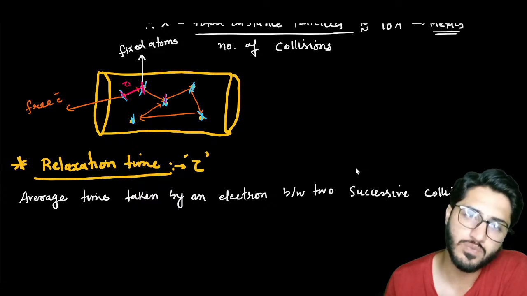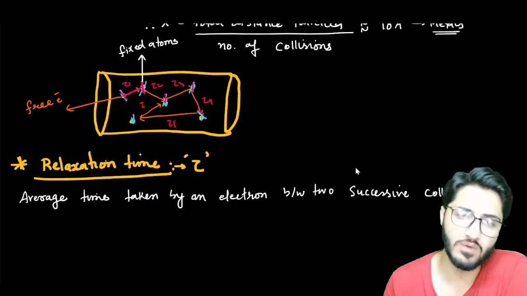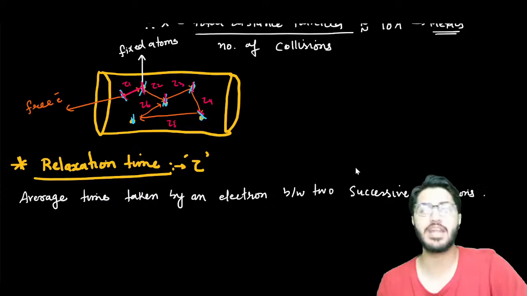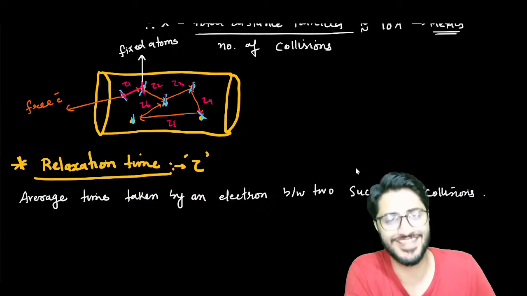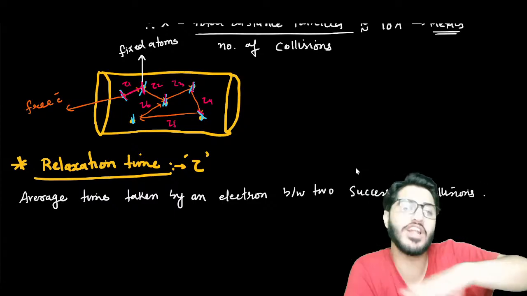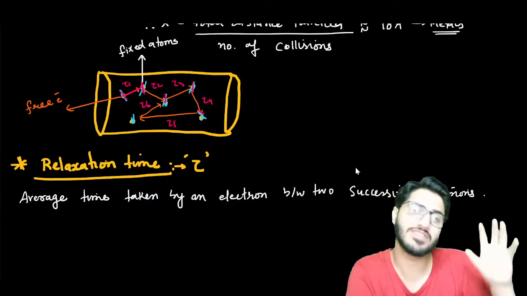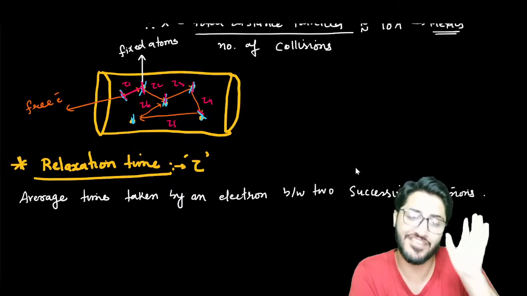From this one to this one, it is tau two. This one to this one, tau three. This one is tau four. Then tau five. Then tau six. Now I need to take the average of all these. So I will write tau one plus tau two plus tau three plus tau four plus tau five plus tau six, whole divided by six. The final result that I will get is known as the relaxation time.